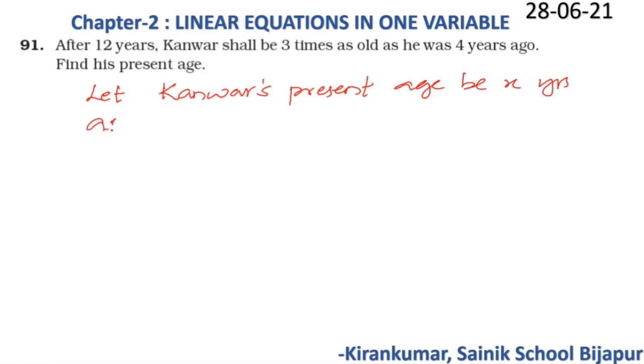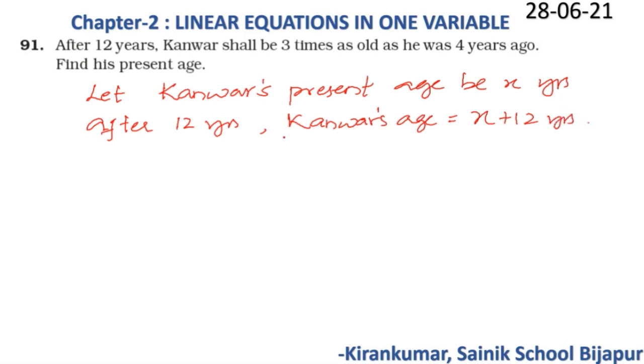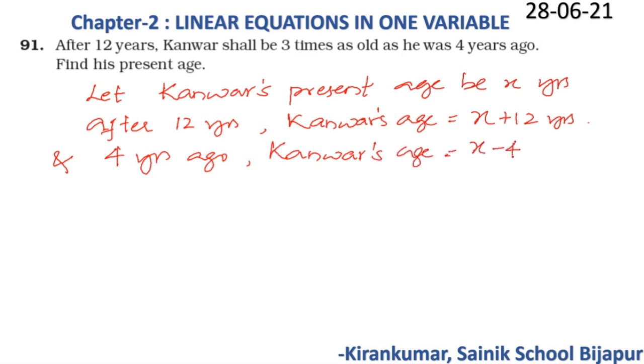So after 12 years, Kanwar's age will be x plus 12 years, and 4 years ago, Kanwar's age is x minus 4 years.